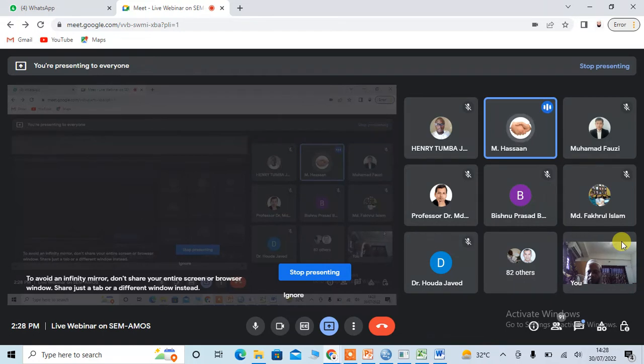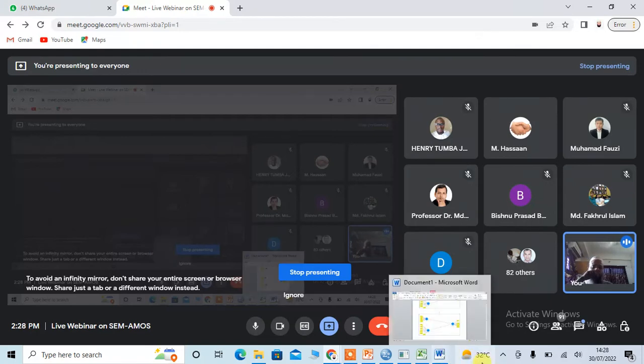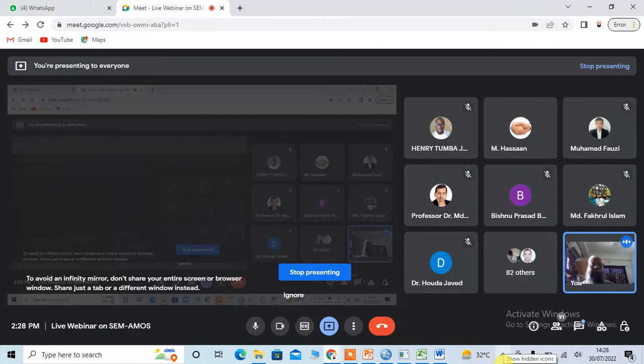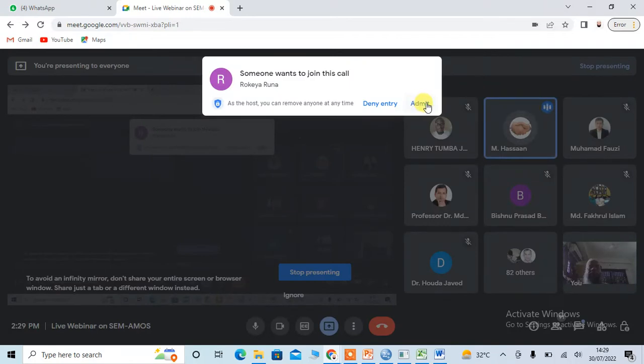Yes, I am coming to the blindfolding test for getting the Q square result, cross validated redundancy, and other things that I shall talk about. Just let me finish the collinearity, then I shall go for the blindfolding test, that is the Q square result. Thank you so much.